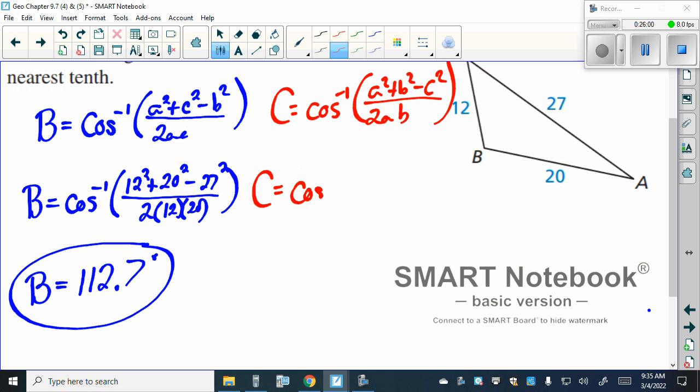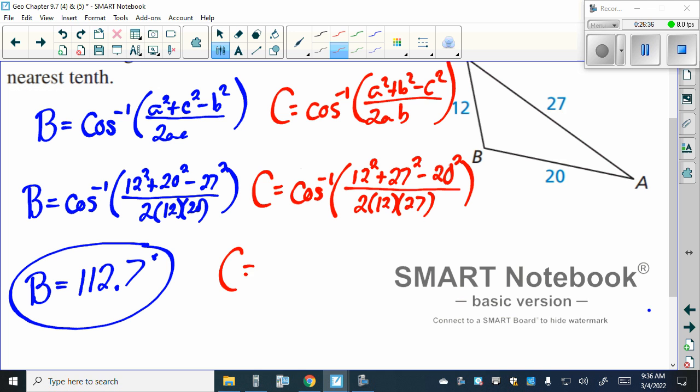Now C is going to be our cosine inverse of, so A squared is still 12 squared, plus B squared is going to be plus our 27 squared minus 20 squared. And the denominator is going to be 2 times 12 times 27. So if you want to go back and recall the top one and change it, essentially make the 27 now positive instead of negative, and make the 20 negative instead of positive, and replace the denominator's 20 with 27.